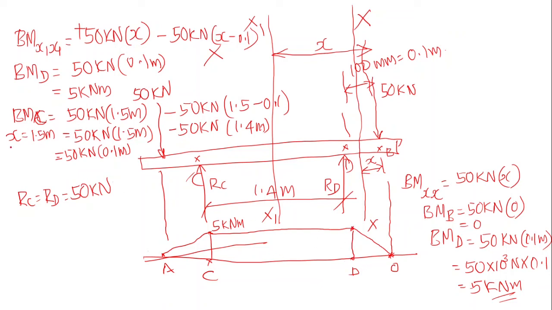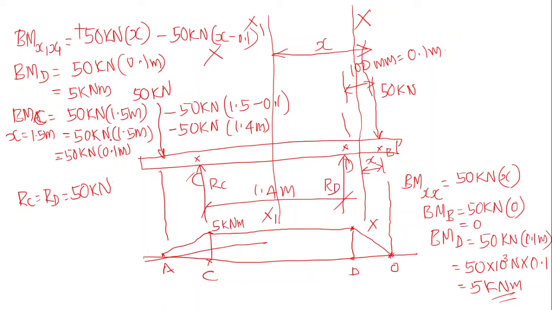Here, when x is equal to 1.5 meter, we will get the bending moment at C, which is equal to 50 kilonewton into 1.5 meter minus 50 kilonewton into 1.5 minus 0.1 meter.